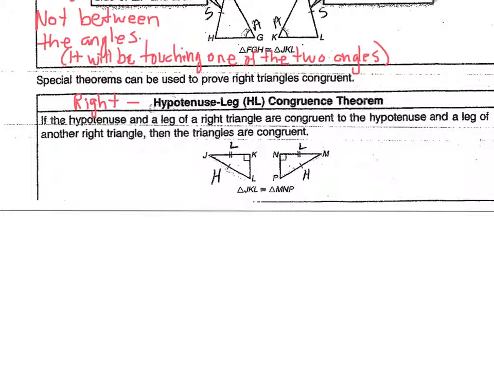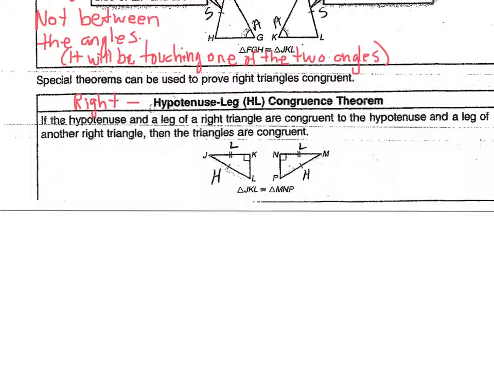And I was like, well, it's a good idea to have that right, but it's not necessary. So if we were to play that Kahoot tomorrow, you might have some of those that will say right hypotenuse leg. It's not necessary to put right, but it's a good idea to have it.